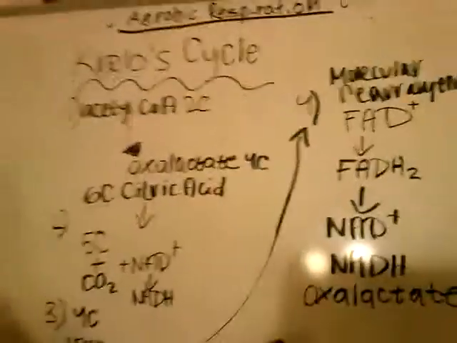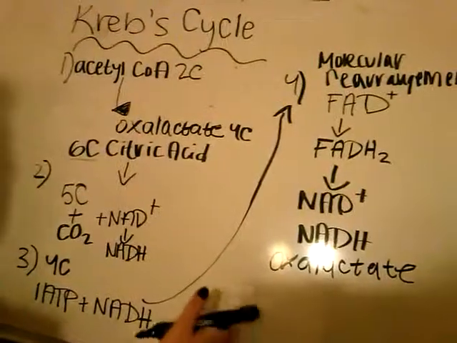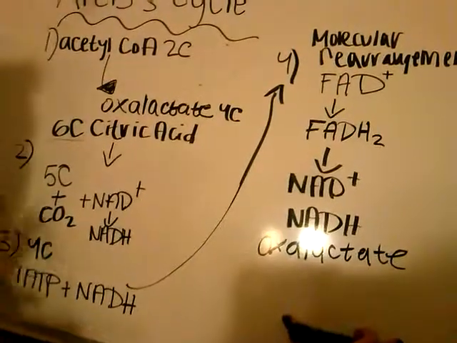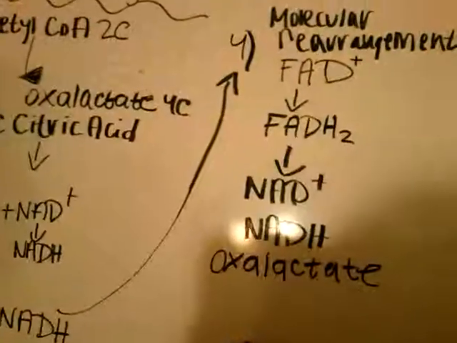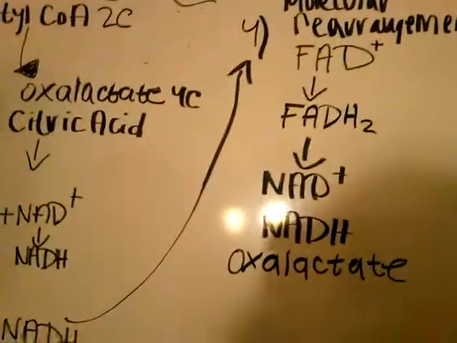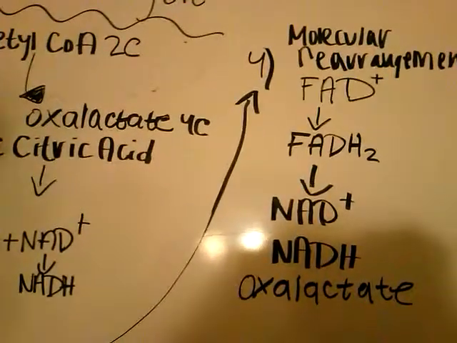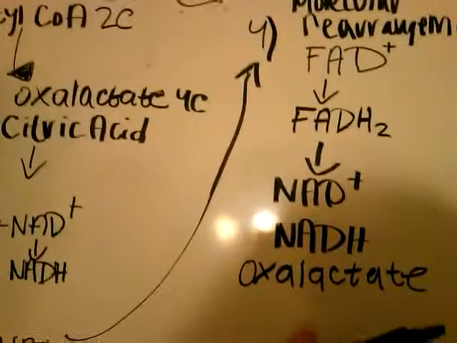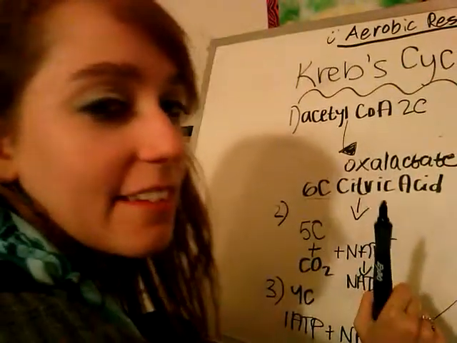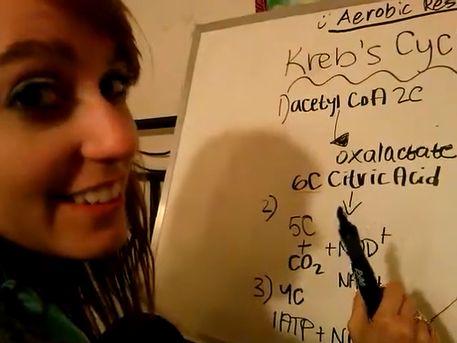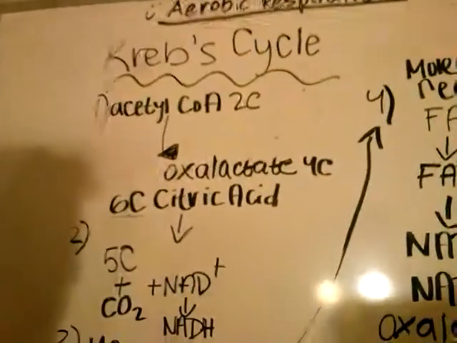So basically, aerobic respiration is the sad love story of a teenage romance. Oxaloacetate is left all by her lonesome after having all of these children. She has so many boyfriends, because this happens 10 million times per cell per second.